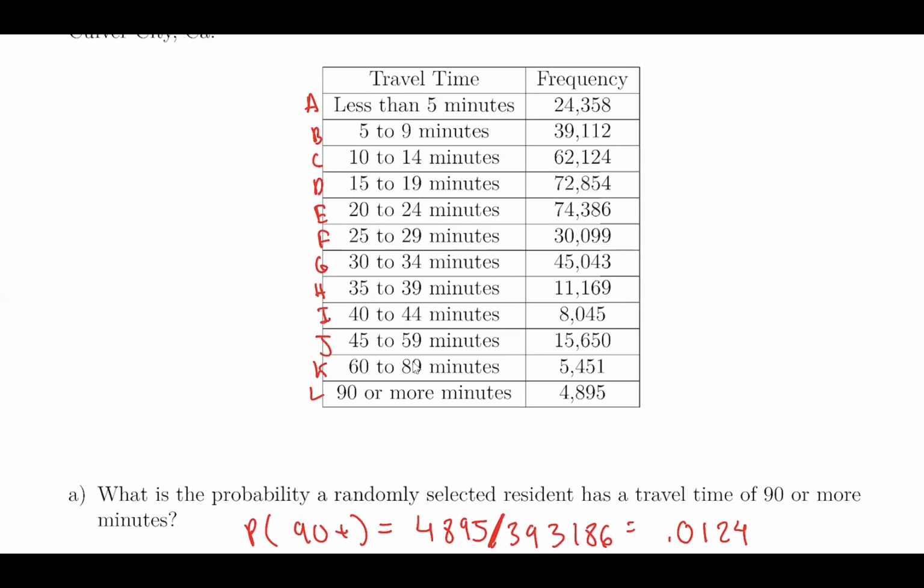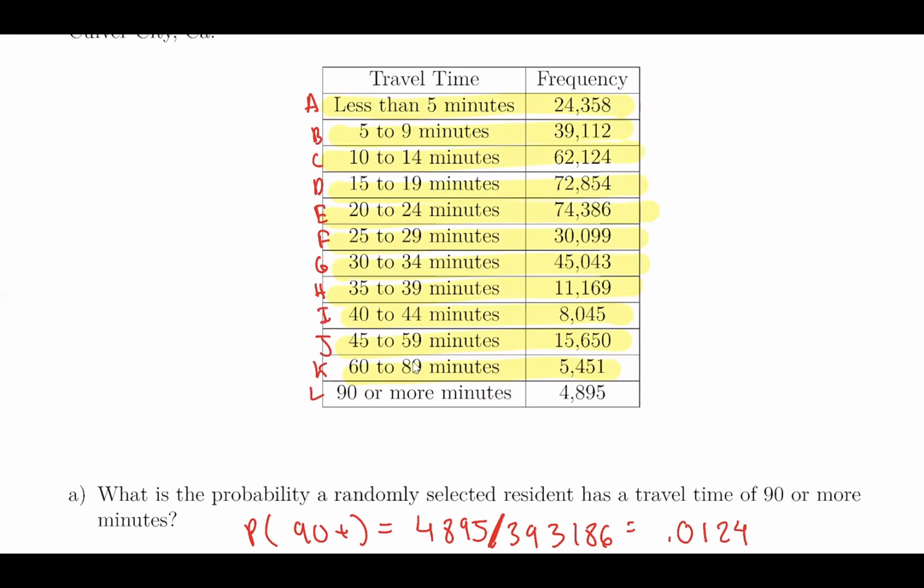Oh, A through K. Very cool. So we got A through K. Perfect. So if I want to find the probability for this one, I could add up all the frequency for A all the way through K.